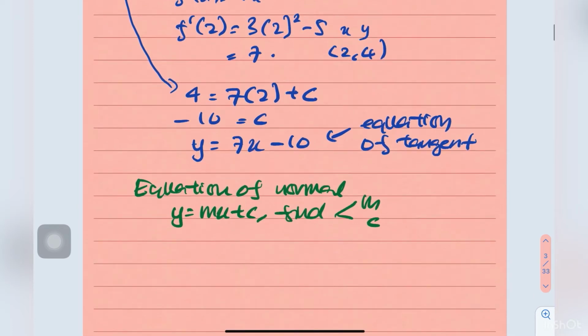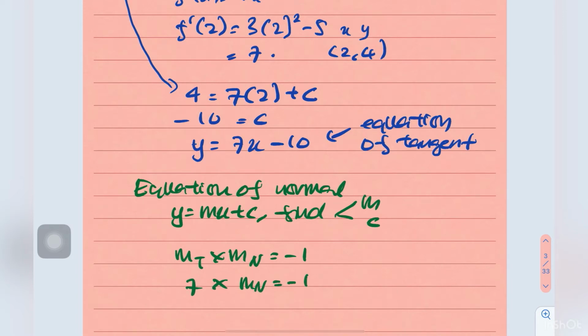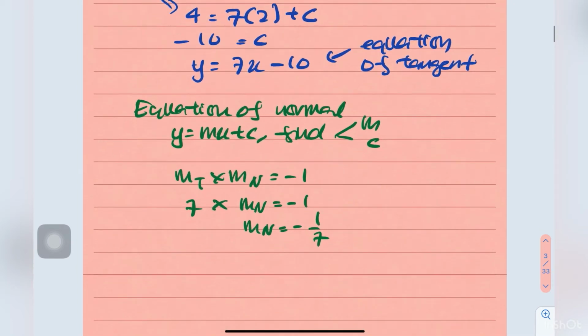We have the relation: m tangent times m normal is -1. So m tangent is 7, and m normal is -1/7. Substitute into y equals mx plus c. Just now we have the point (2, 4).